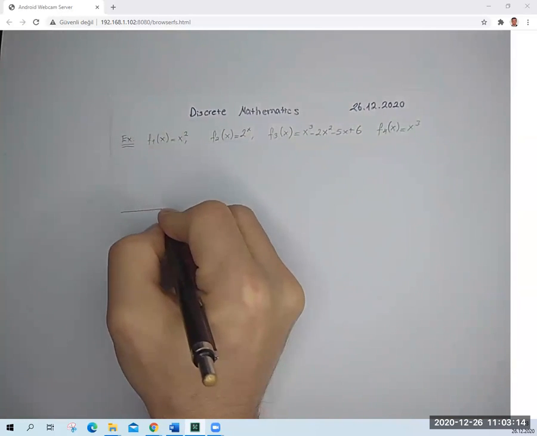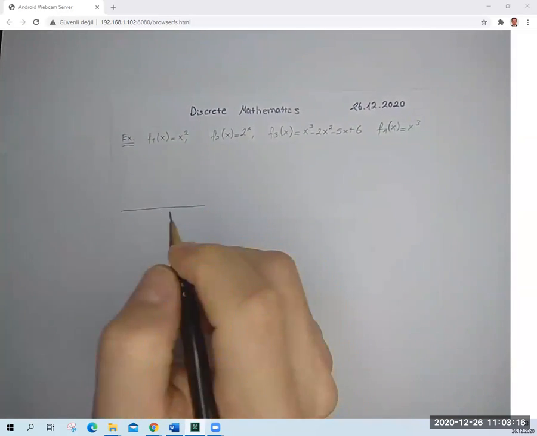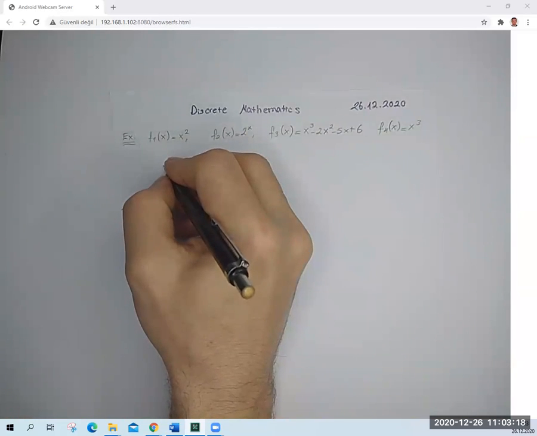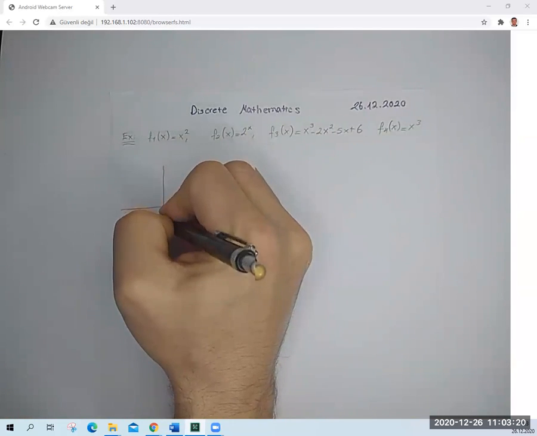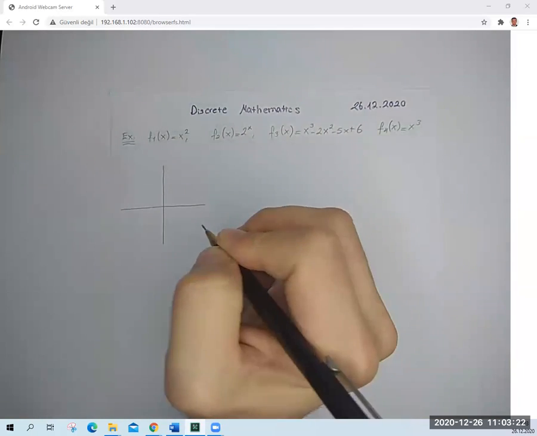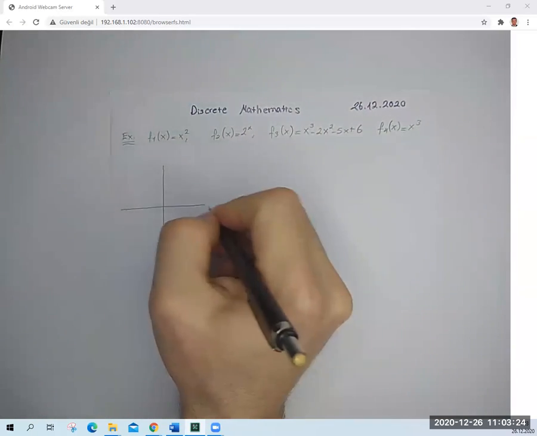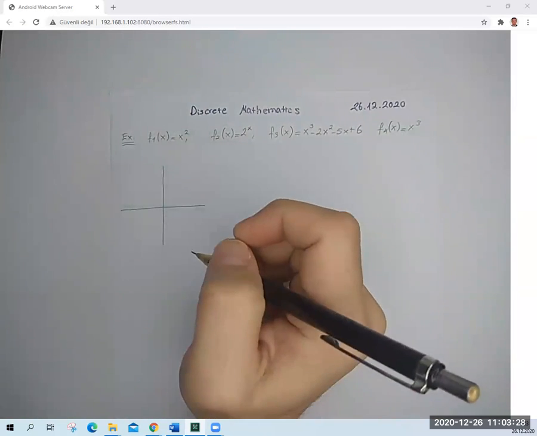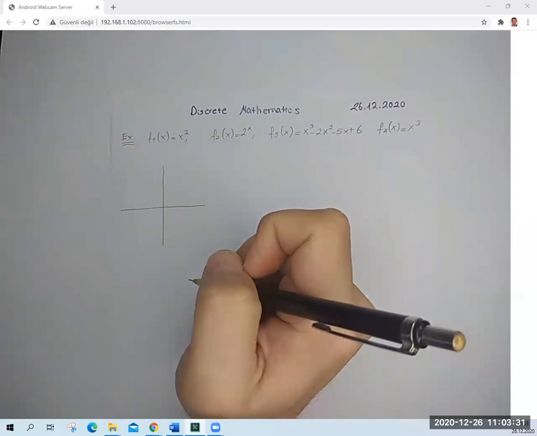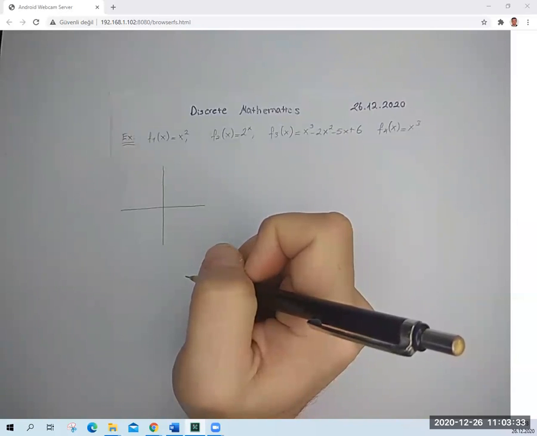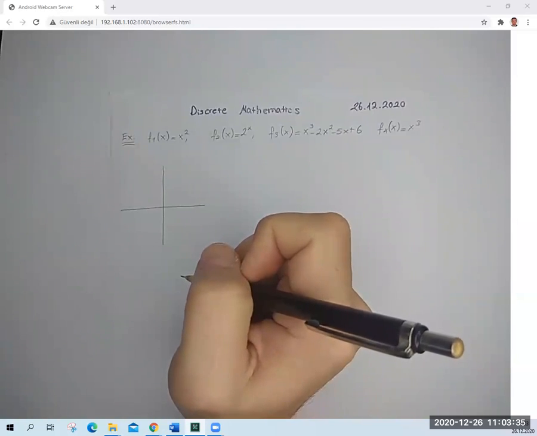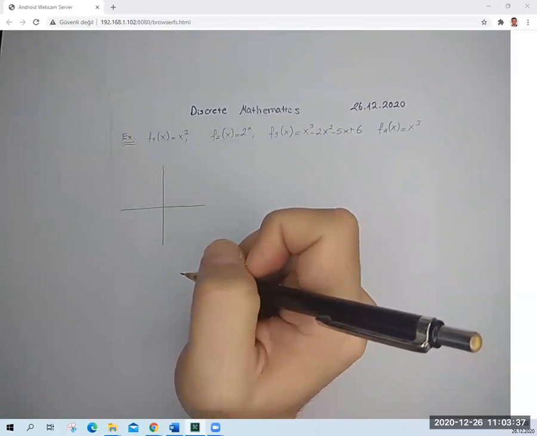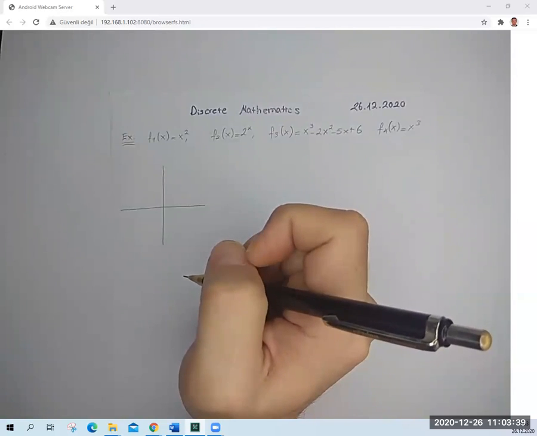Here is the x line, and this is the y. The x line is the domain, right? Y is the codomain, right? Did we do any explanation for that before?